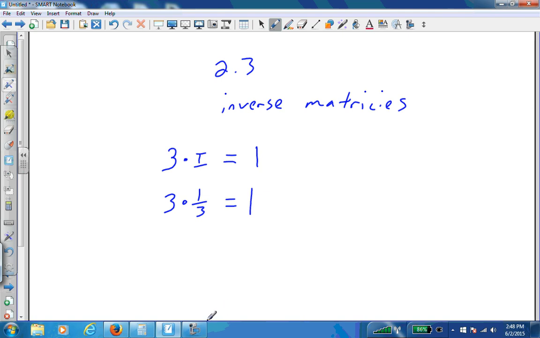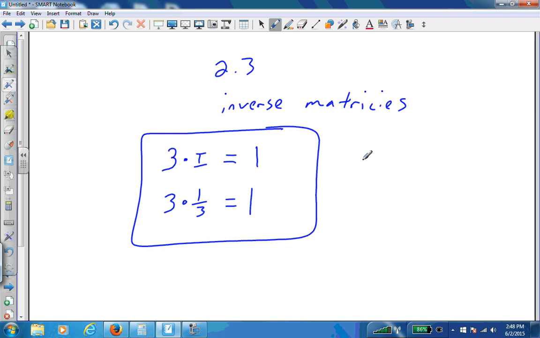So you may recall that the multiplicative inverse, as far as real numbers, is just its reciprocal. So if I have 4/3, the number that I multiply that by to get 1 is its reciprocal, 3/4.